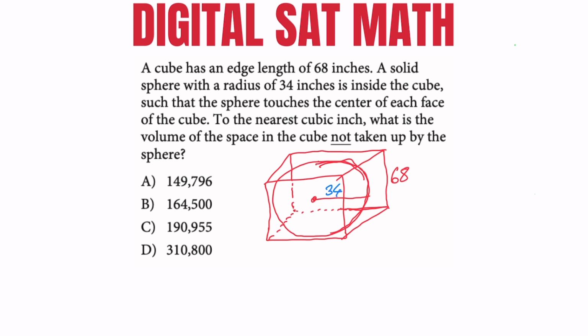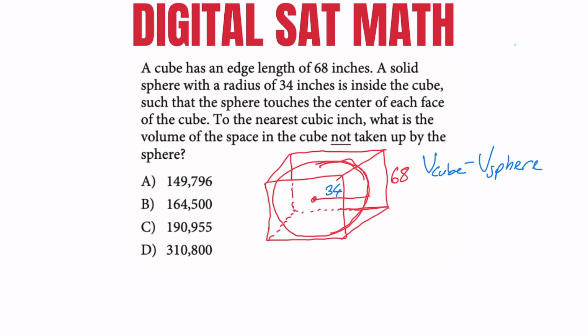So to do that, we will take away, technically, I believe you already imagined that, from the volume of the cube, the volume of the sphere. If we do that, that's going to give us the remainder.